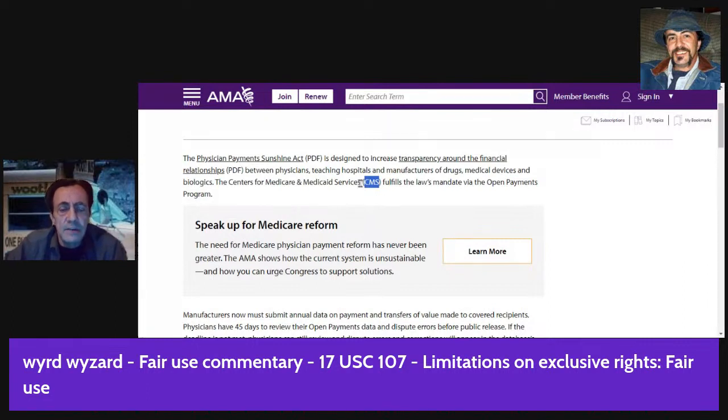That is another system that fulfills the law's mandate via the Open Payments Program. They aren't just maintaining records, they're fulfilling the law of payments. This is why I said that card is an authorization for you to perform contracts or for payments.